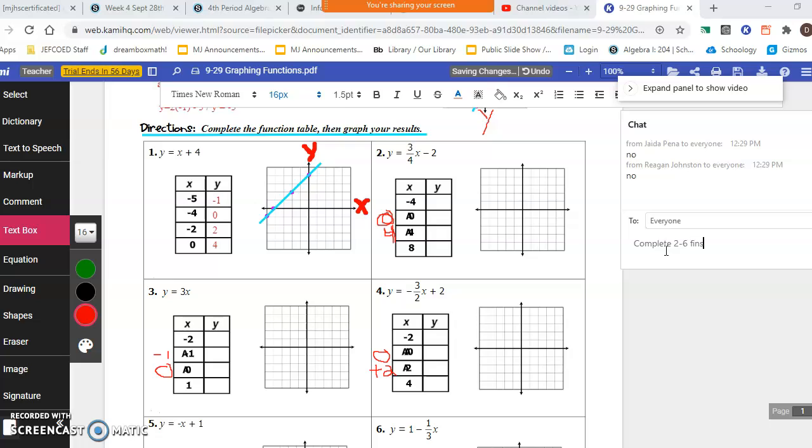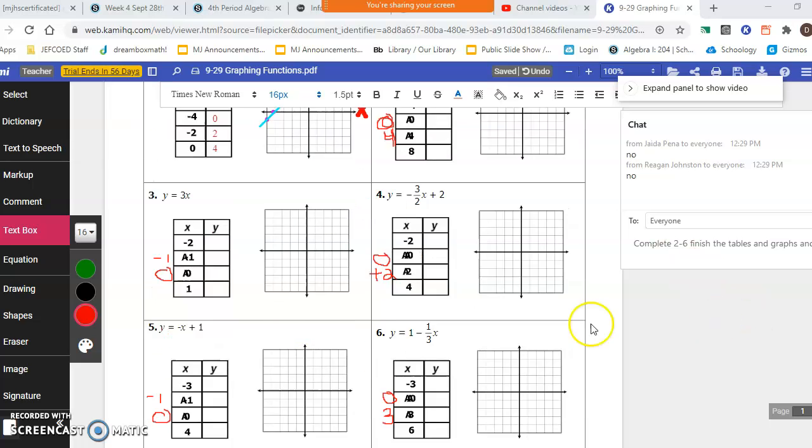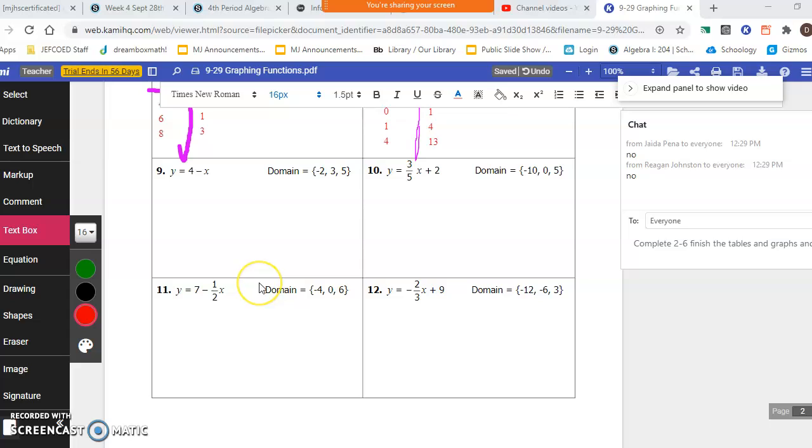Finish the tables and graphs, and then if you scroll on down, you will finish out 9 through 12. Find the ranges. Do not complete the homework section.